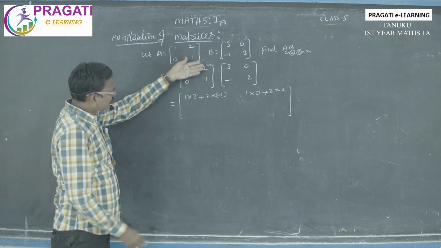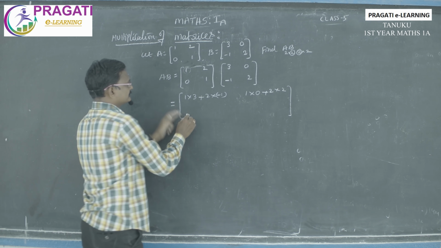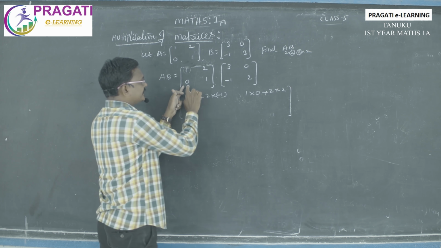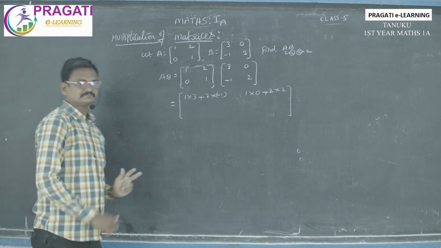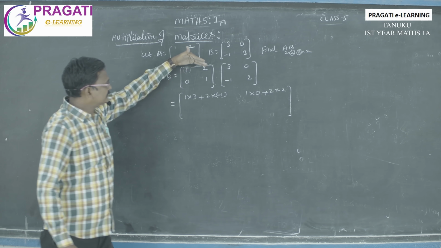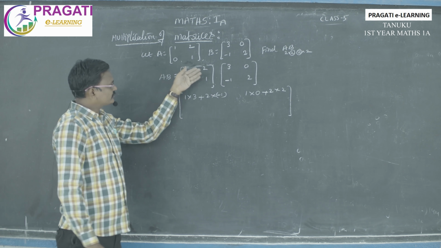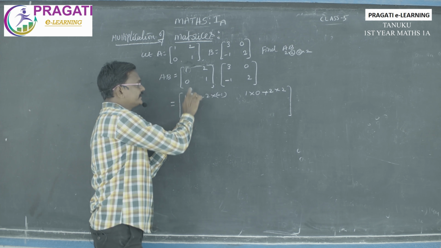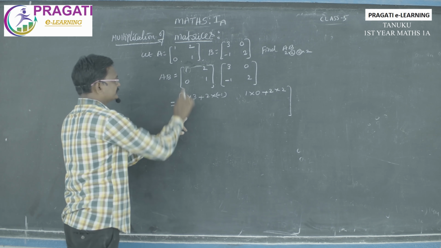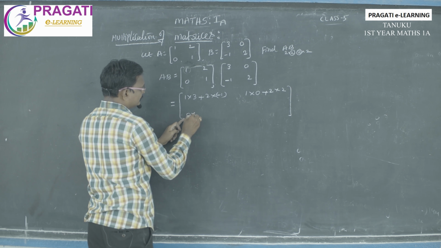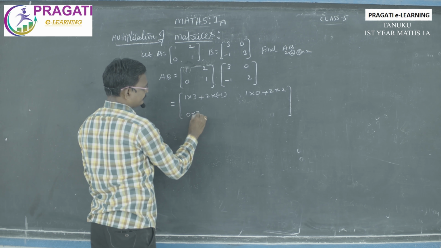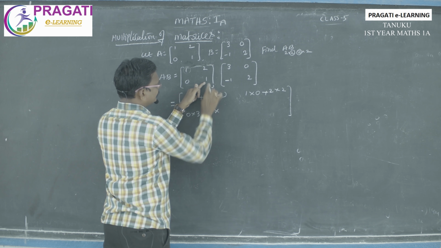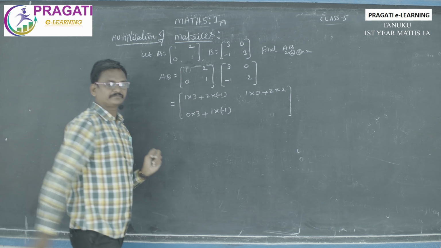Okay. Next start with the second row, that means this row with the first column, again the same row with the second column. So row means 0 into first element 3, always plus here, second element 1 into minus 1.